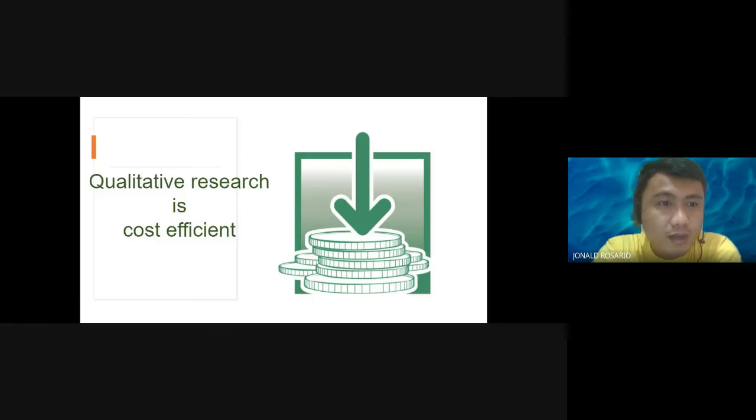Unlike sa qualitative research, since konti lang sila, hindi na natin kailangan pang mag-print ng ating instrument. Siguro ang ipiprint lang natin yung mga tanong na kakabisaduhin natin na itatanong sa ating mga participants. So that's why qualitative research is cost efficient.